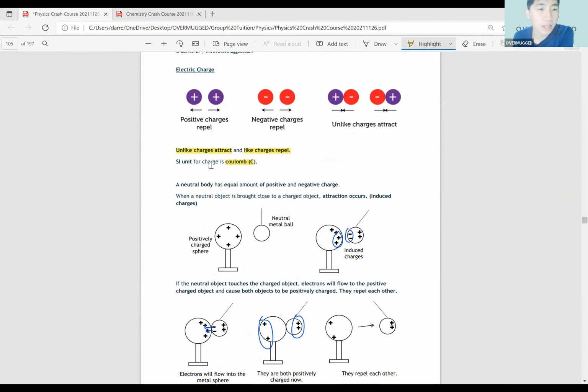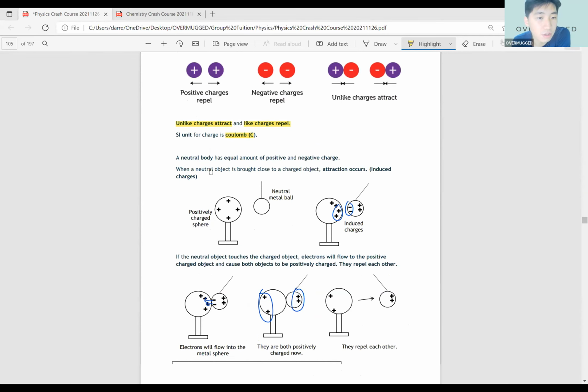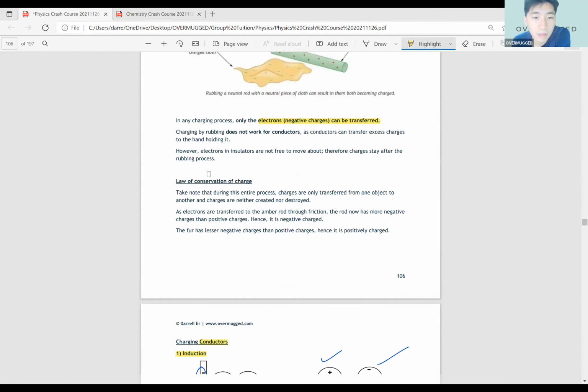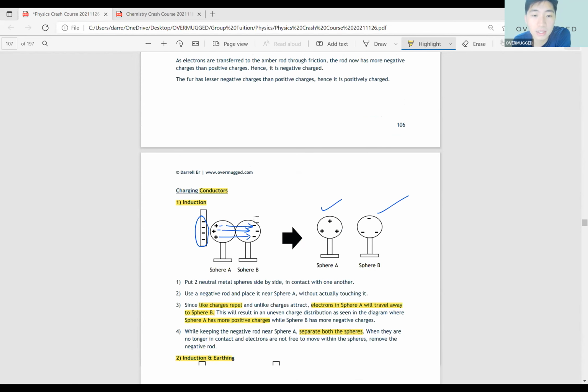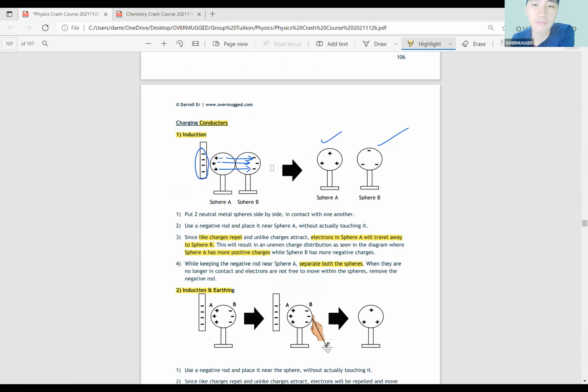I think I have a question from I. Why aren't the positive charges distributed evenly throughout the sphere? I think you're mentioning this question, right? So why is the positive charge all on the left-hand side? The reasoning is simple. It's because there's a negative rod here. The negative rod causes all the electrons to be repelled onto this side, and the positive charges here are strongly attracted to the minus.